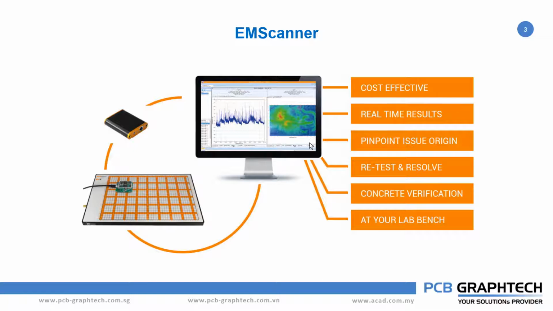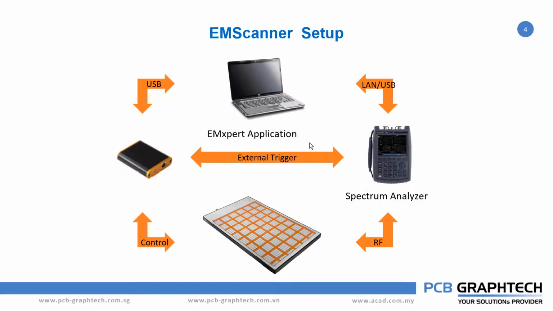Next, we'll see the hardware setup. The hardware setup requires your EM Scanner board, a spectrum analyzer, the adapter, and the PC, all connected by cables: an RF cable, a micro D control cable, a USB cable, and a LAN cable. First, the RF SMA to N-type cable.